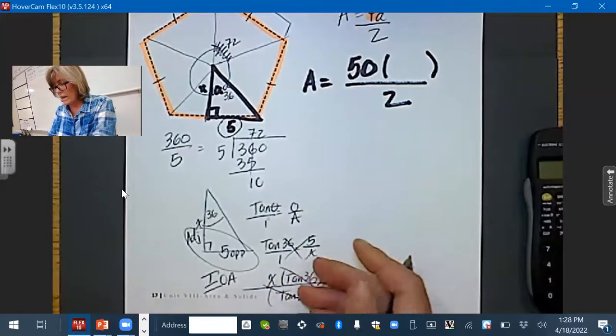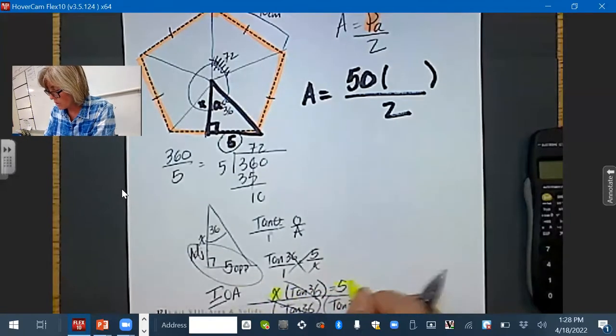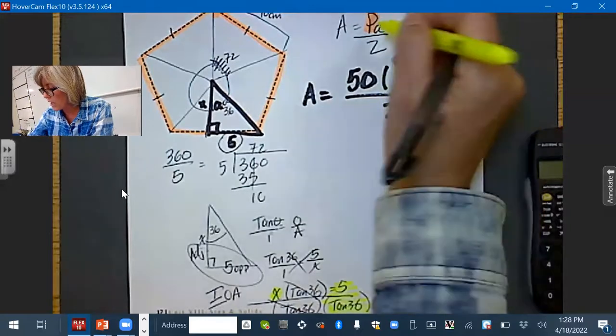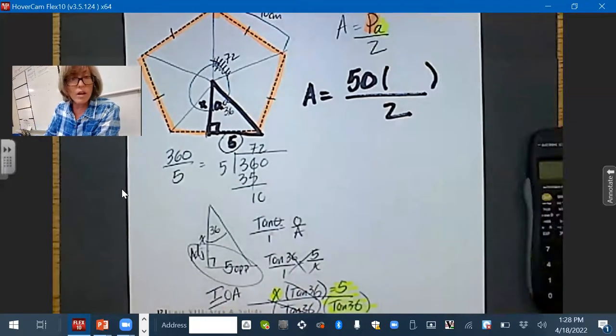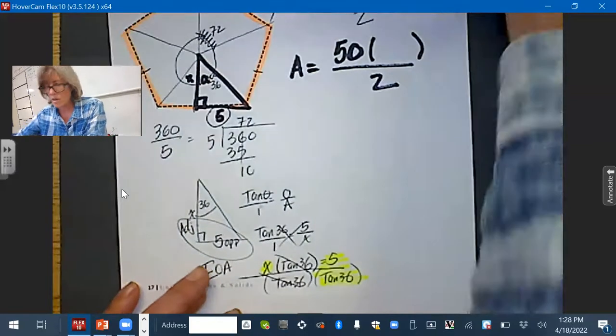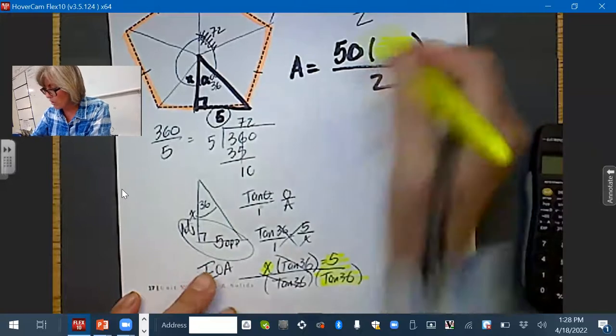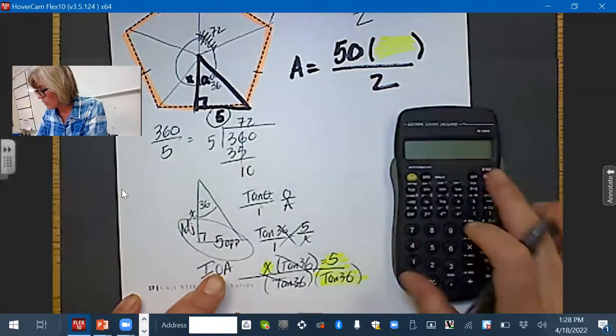So our x, which is our apothem, which is what we need here, is going to equal 5 divided by the tan of 36. And that's going to give you your apothem, which we are looking for right here.